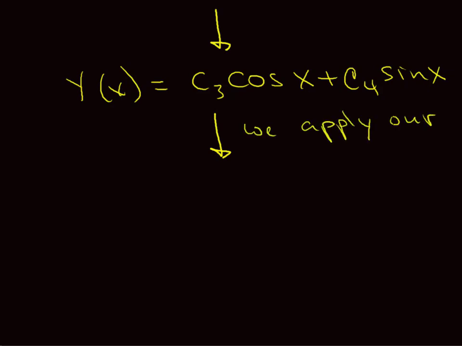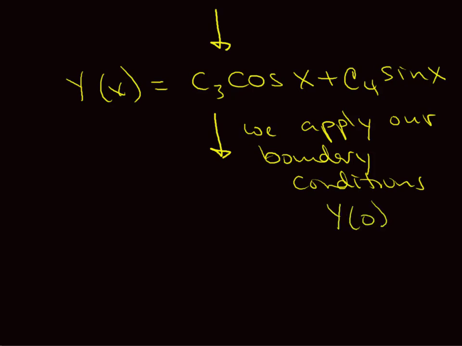Okay, now we apply our boundary conditions, and you'll recall that our boundary conditions are basically saying that the amplitude at the beginning and the end of the string must be equal to 0. So y of 0 must equal 0. Just keep that in the back of your head. So if we have y of x equals c4 sine of x, well, that holds true then.